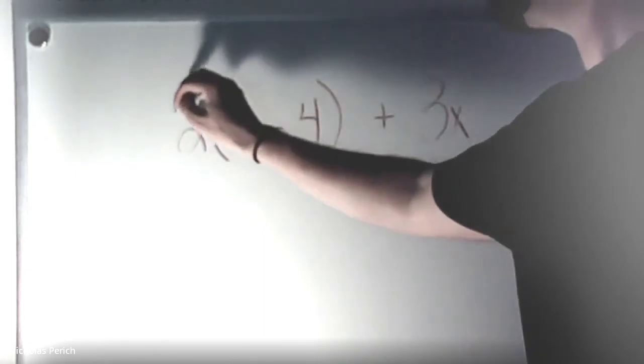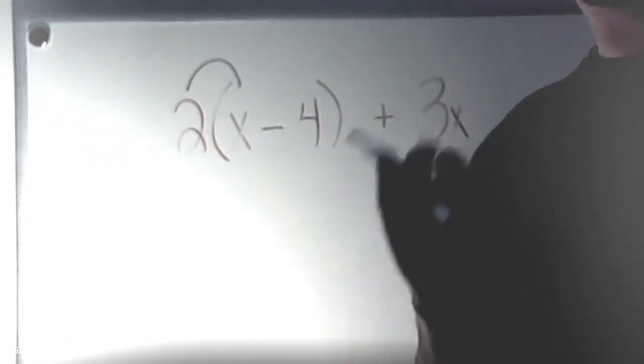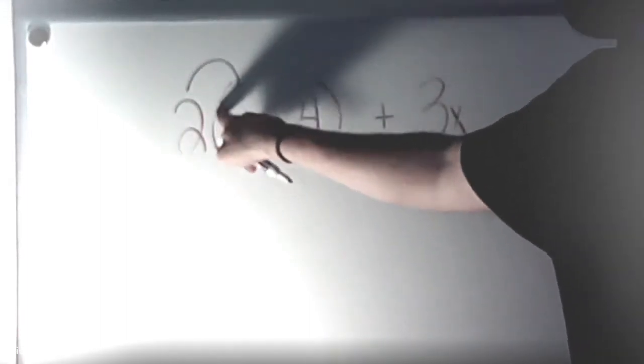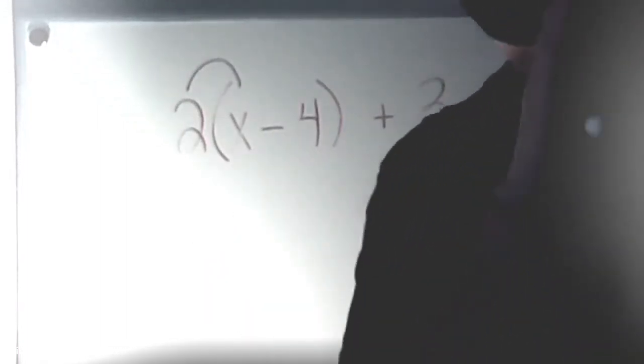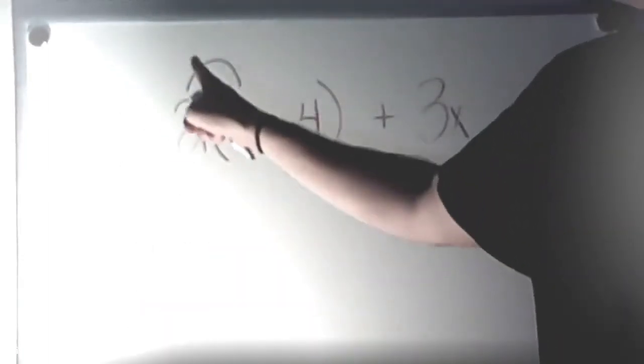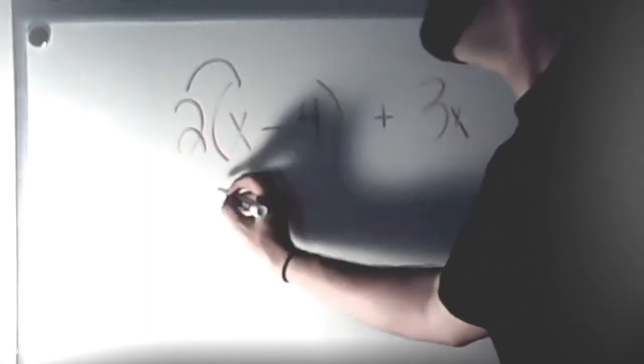So I'm going to multiply 2 to x. Now again, distributive property, as you multiply the number on the outside to all the numbers on the inside. Well, where's my number? I don't see it. That's because it's invisible. And it's actually invisible 1. So 2 times 1x is going to be just 2 x's.